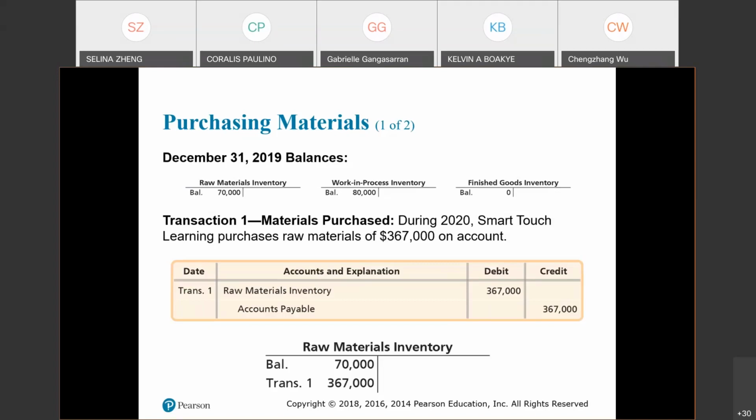It's pretty much straightforward. We debit the raw materials inventory account for $367,000, and because this is an on-account purchase, we need to credit accounts payable for the same amount, $367,000.